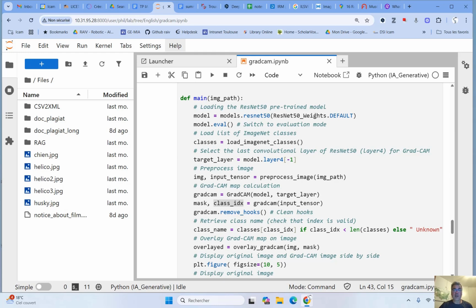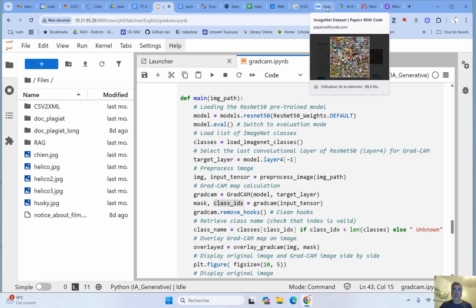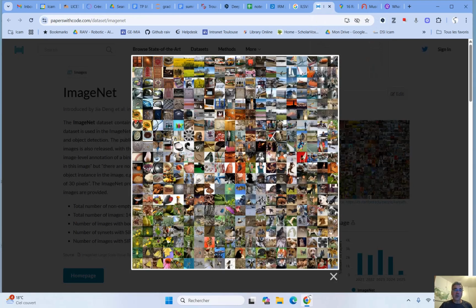These weights were previously calculated by training a ResNet on what we call ImageNet. So what is ImageNet? ImageNet is a very, very huge set of many images like this about everything: flowers, cars, people, animals, and so on.